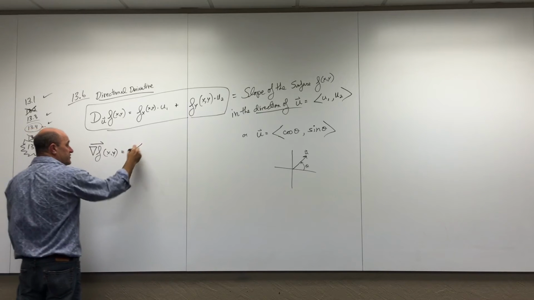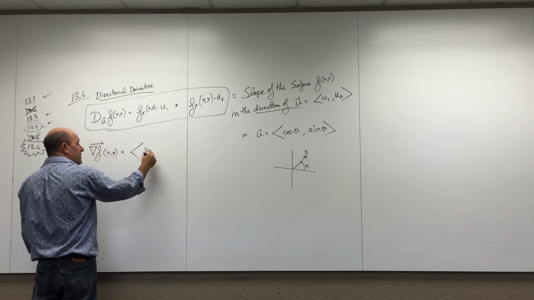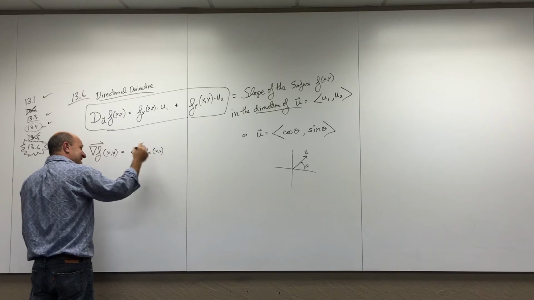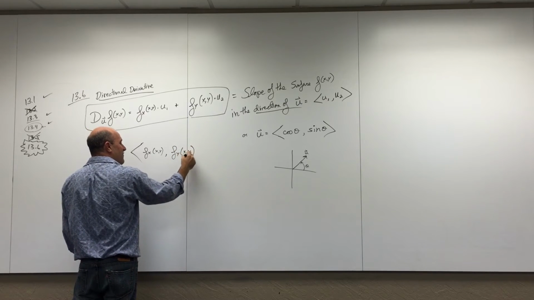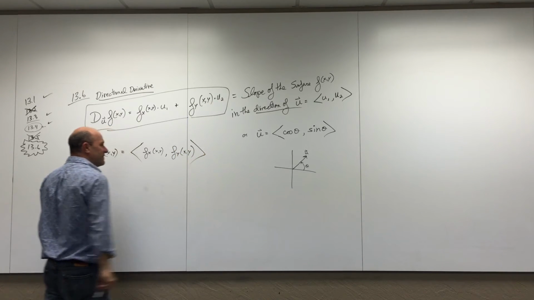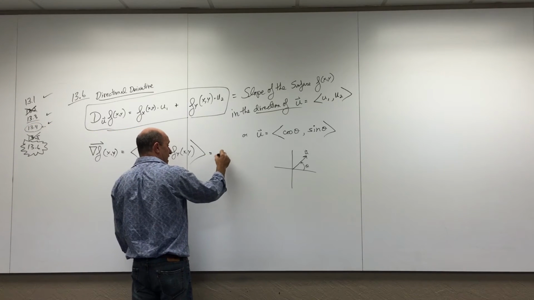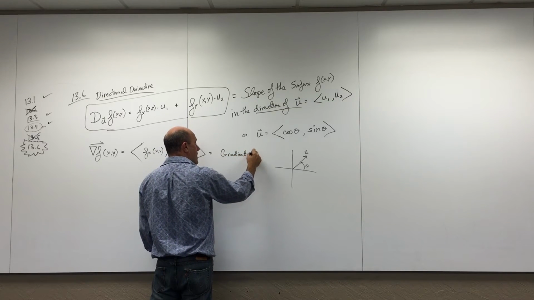It's a two-dimensional vector. It's the partial derivative with respect to x as the x component, and the partial derivative with respect to y as the y component. This thing is called the gradient of f.